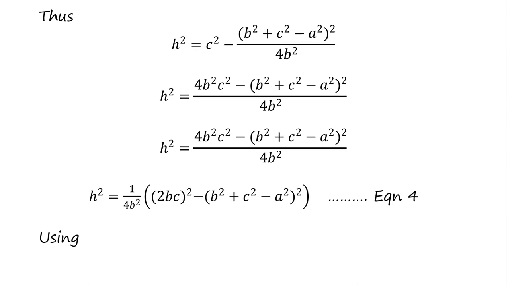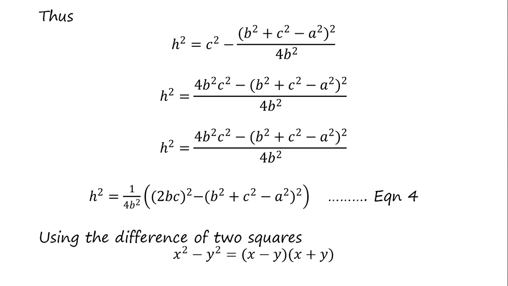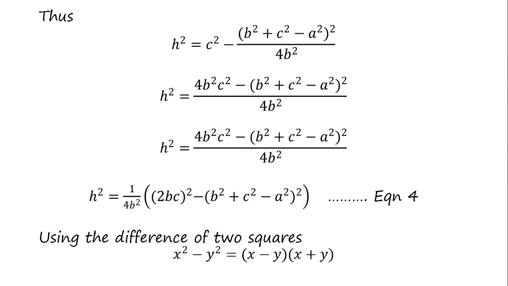Let's move on. From the difference of two squares, x squared minus y squared is equal to x minus y into x plus y. So one of these terms, preferably 2bc, can be looked at as our x, and this whole other expression can be looked at as our y.